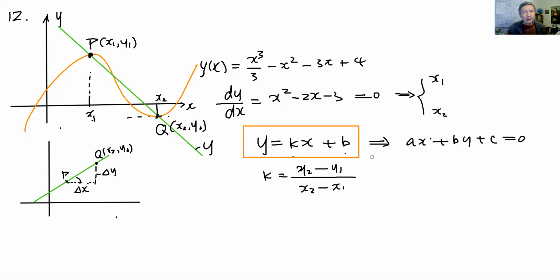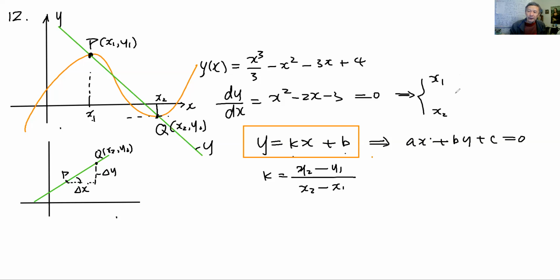You have one of the points, so you use that. So basically, k is given, calculated. But when you calculate y2, you have to use this formula. I just give you 1 point here.